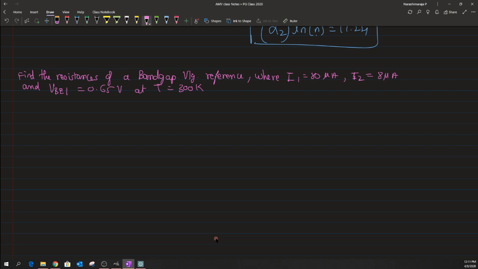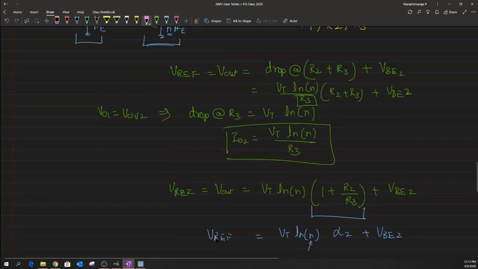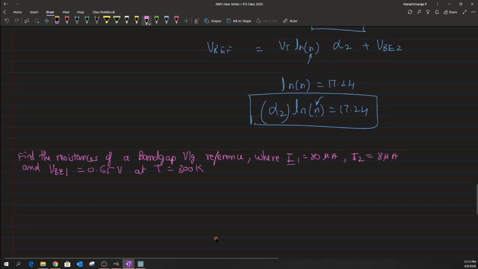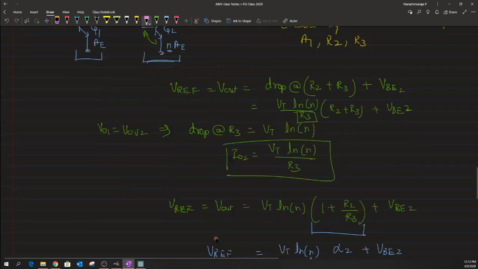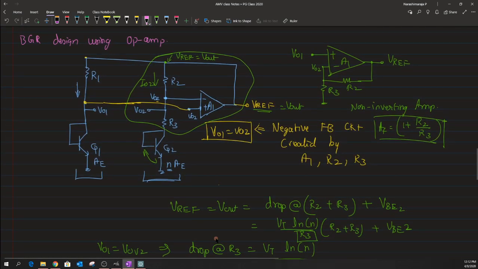So now let us begin solving this by bringing out the circuit. Because you have been given two different current densities, we cannot apply the supply independent structure in order to create this BGR. But one can use the op-amp based BGR in order to create a different current flow through branch 1 and branch 2. So it is only this BGR design, which uses an op-amp, that can support a different current flow through branch 1 and branch 2.